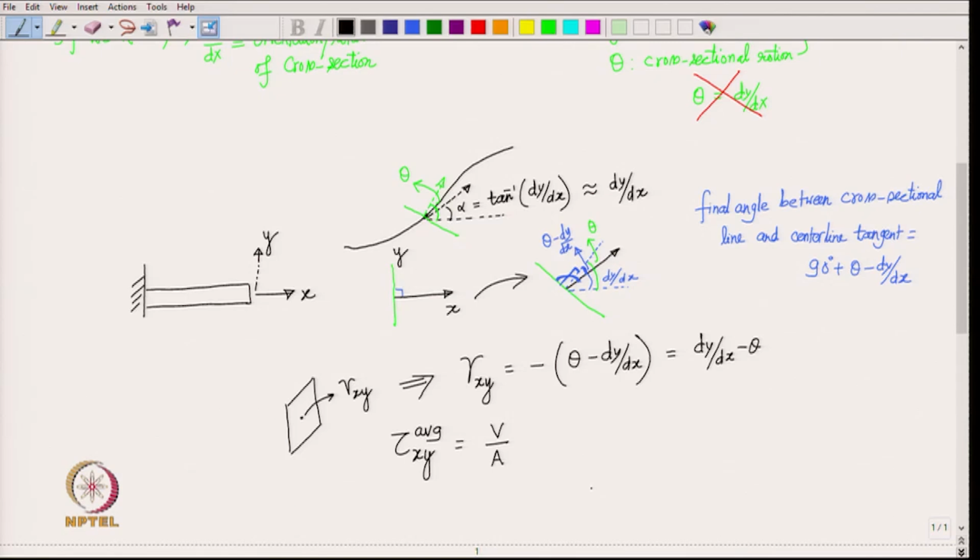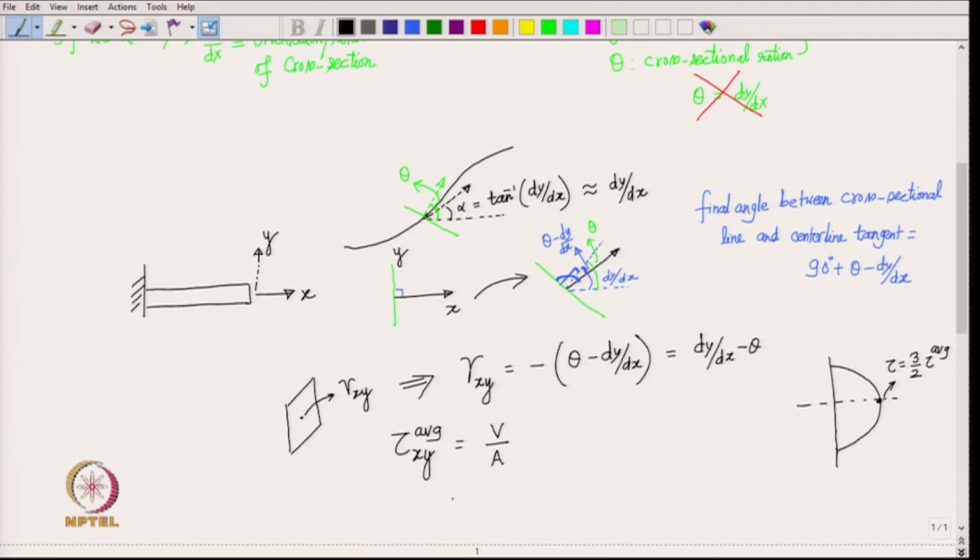Now, how is this average shear stress related to gamma x y? Can you recall the distribution of shear stress in a rectangular cross section, for example? When we had a rectangular cross section, the shear stress was maximum at the center and it was 0 at the two ends. So, it had a quadratic variation, correct, and the value of shear stress at the center was actually 3 by 2 times the tau average, is it not.